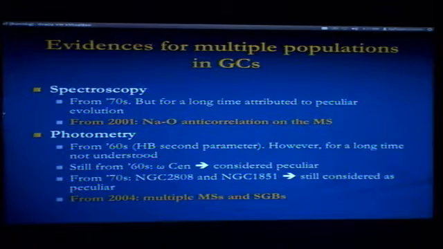Then in the 70s, other clusters like NGC 2808 or NGC 1851 were added, which have peculiarities, but still they were considered peculiar clusters, not a general effect among globular clusters. The clear photometric evidence came with HST, with multiple main sequences and subgiant branches, and this requires exquisite photometric precision.